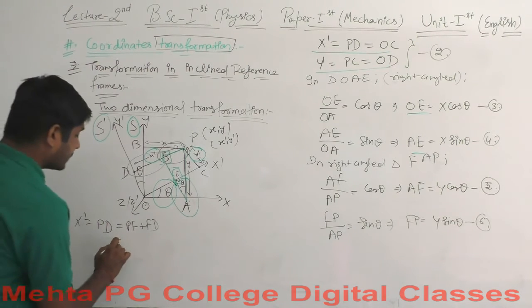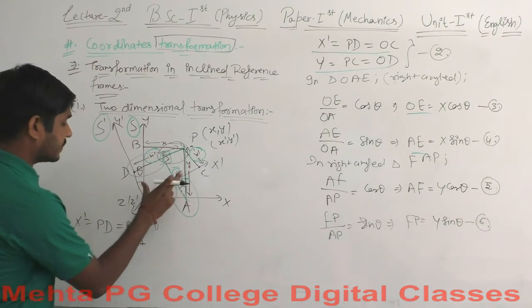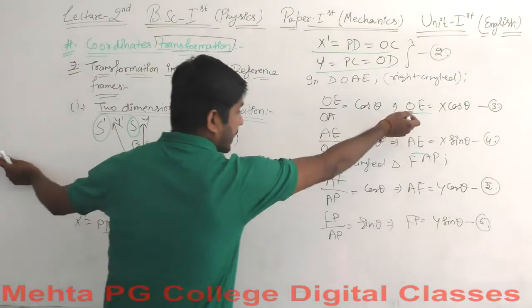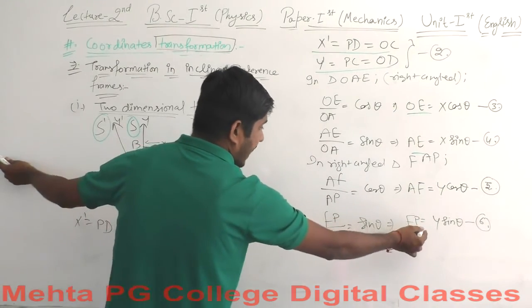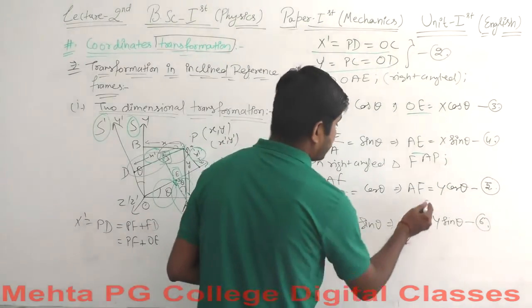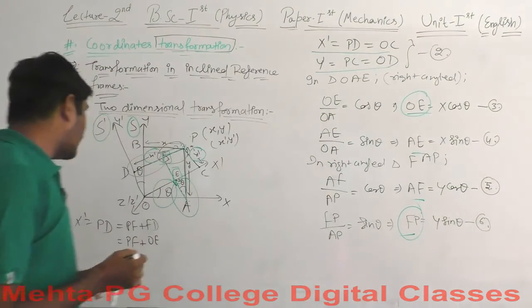You can say this is equal to PF plus what does FD equal? This is equal to OE, and we have the values for OE and the values for FP here. We are going to use these values.